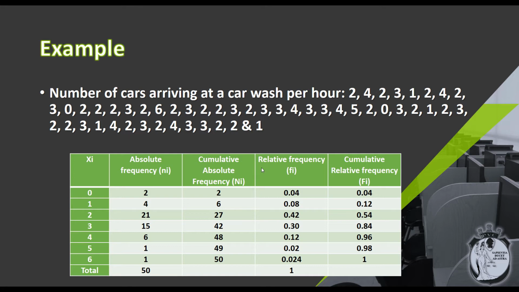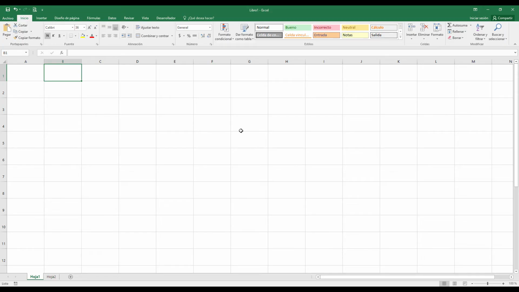In this example, we have the number of cars that arrive at a car wash per hour. For example, we have 2, 4, 2, 3, etc. So you need to count how many cars per hour arrive at that car wash. Okay, we are now in Excel.